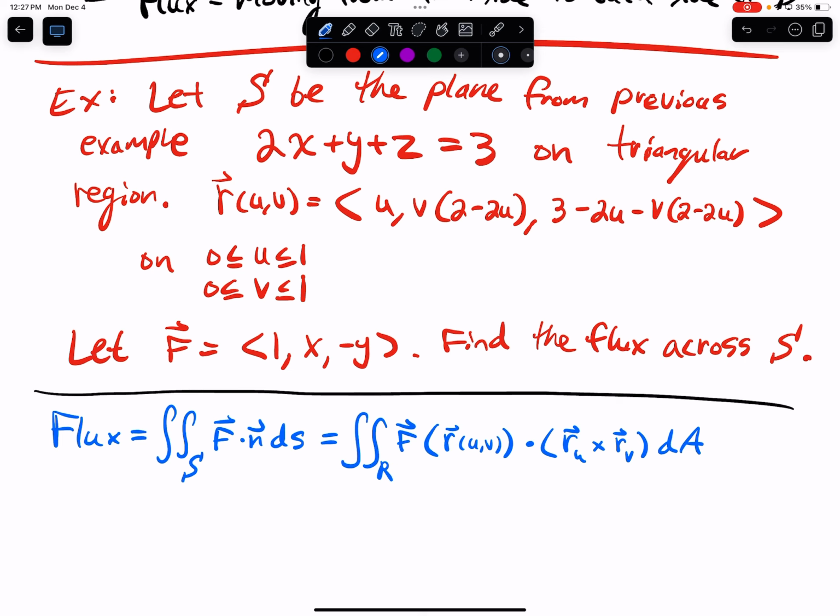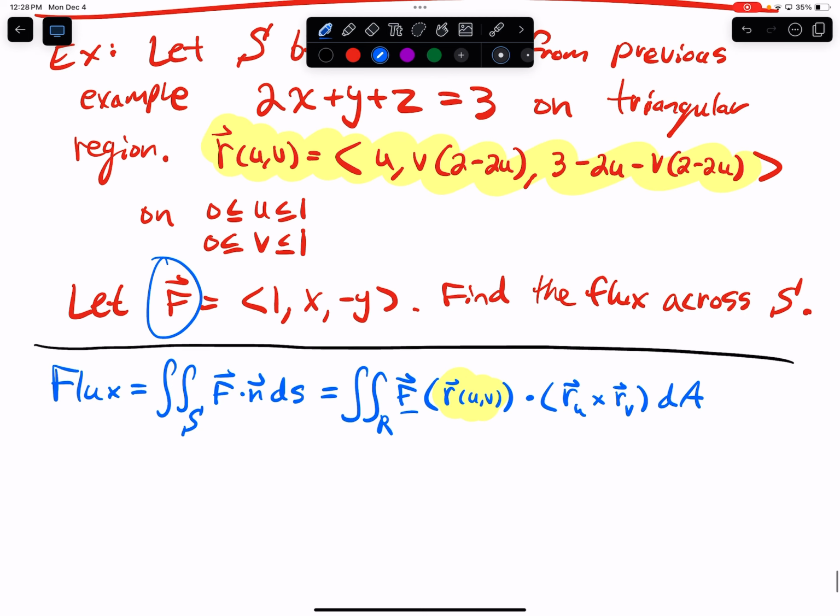Then, what do we need? Well, for starters, we already have this thing. It's right here, isn't it? So, can I plug in to get F of that thing? What is F? F is always 1 in the first component. What is it in the second component? An x.